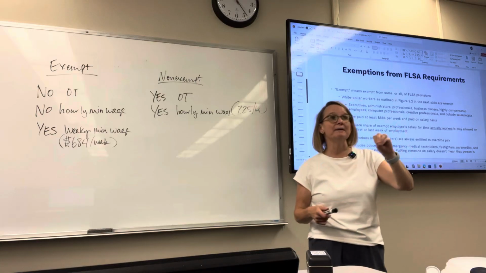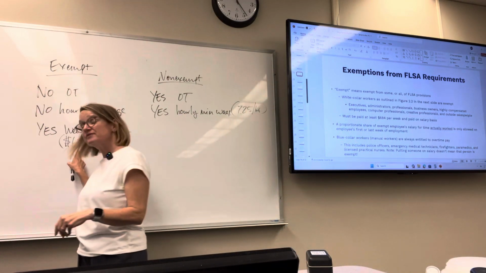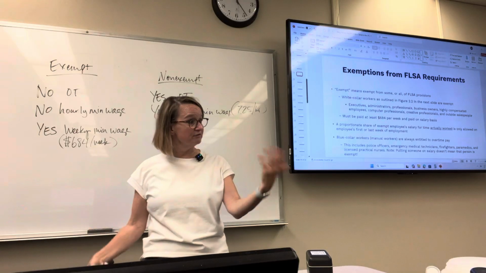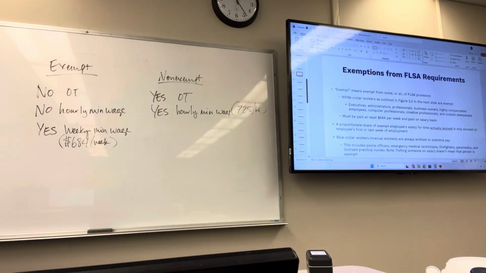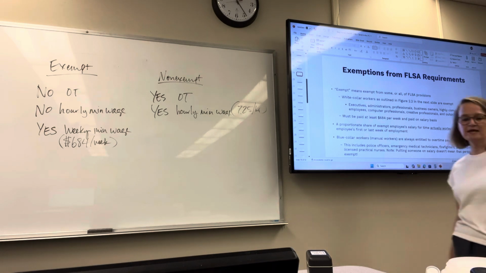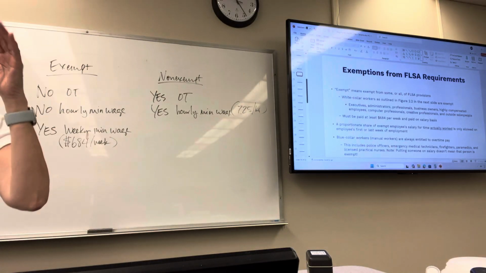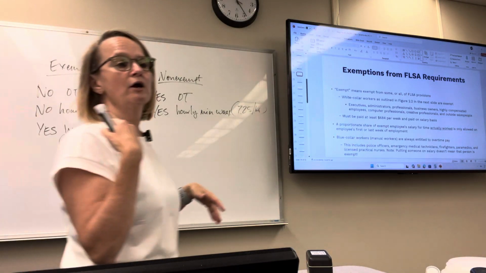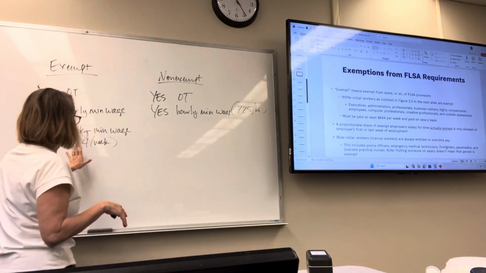The only pay period during which they may be paid less than the $684 is the very first pay period, the very first pay period that they start working. So, if the work week is Monday through Friday and they start working on Wednesday, they can be paid a proportion of that $684.